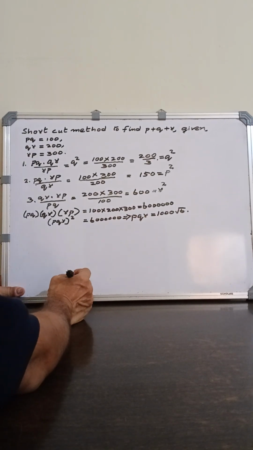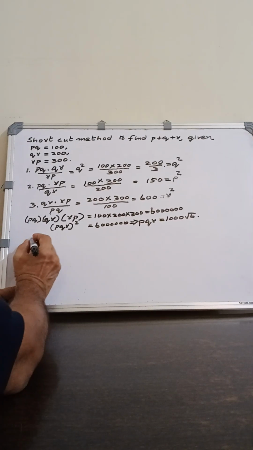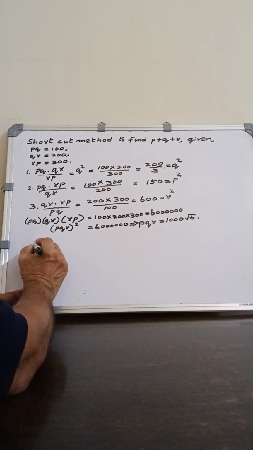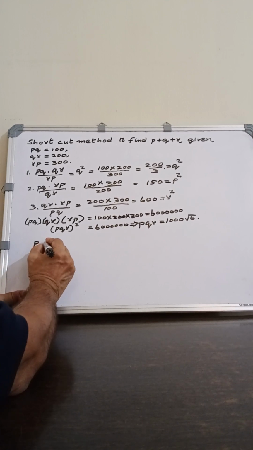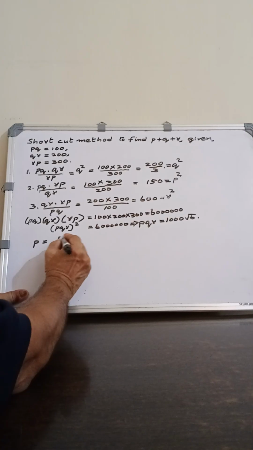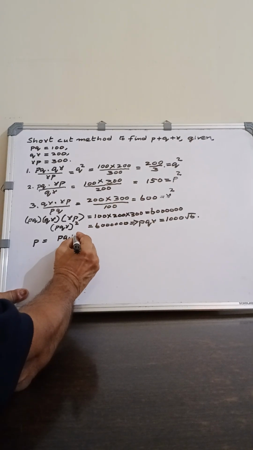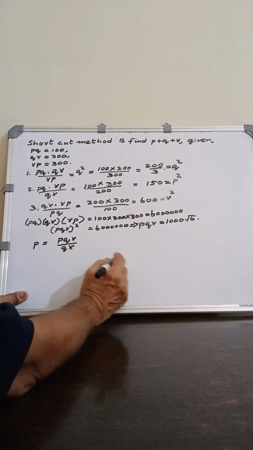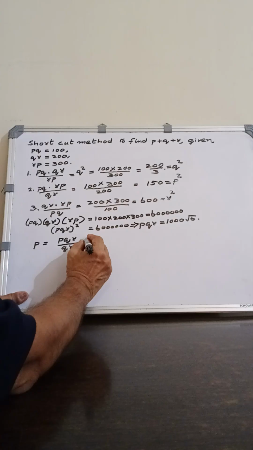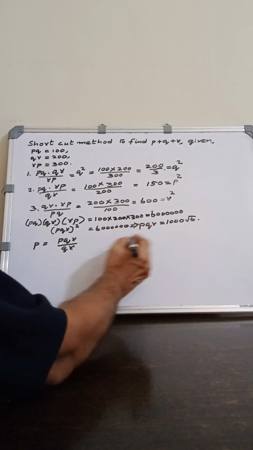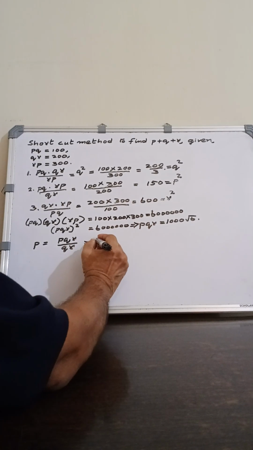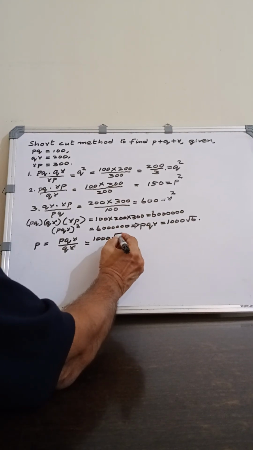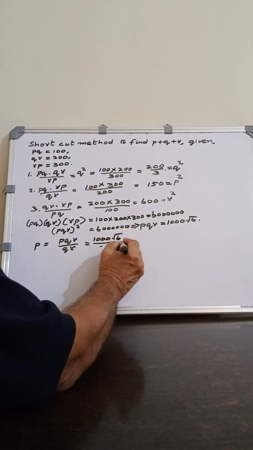Then, if we want to find out P, then we can do one thing. P equals PQR by QR. PQR equals 1000 root 6, by QR.